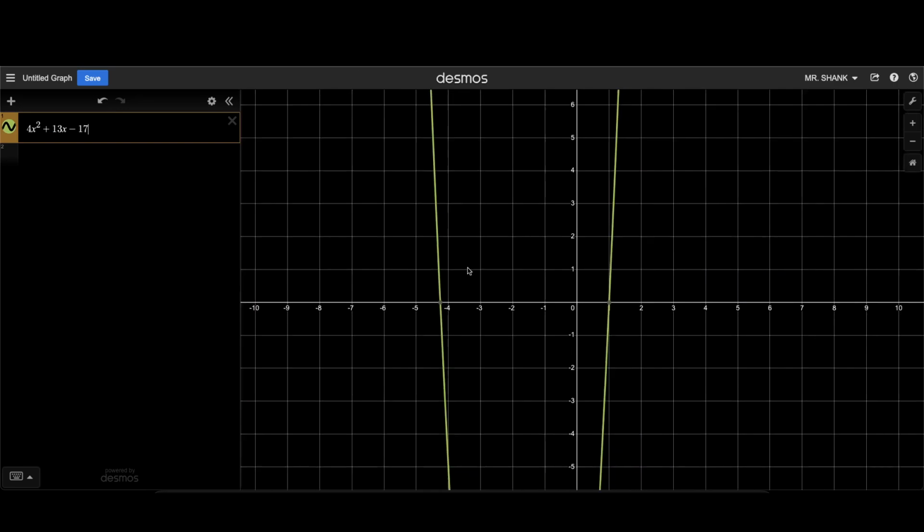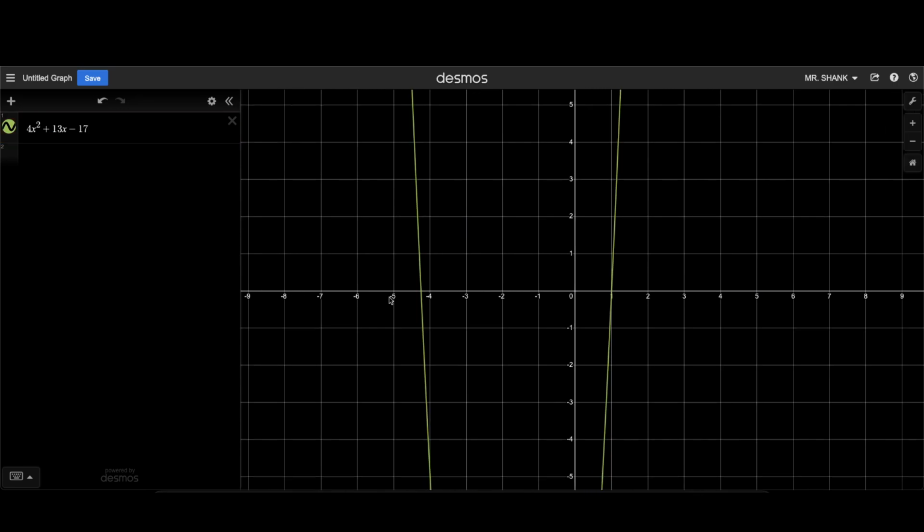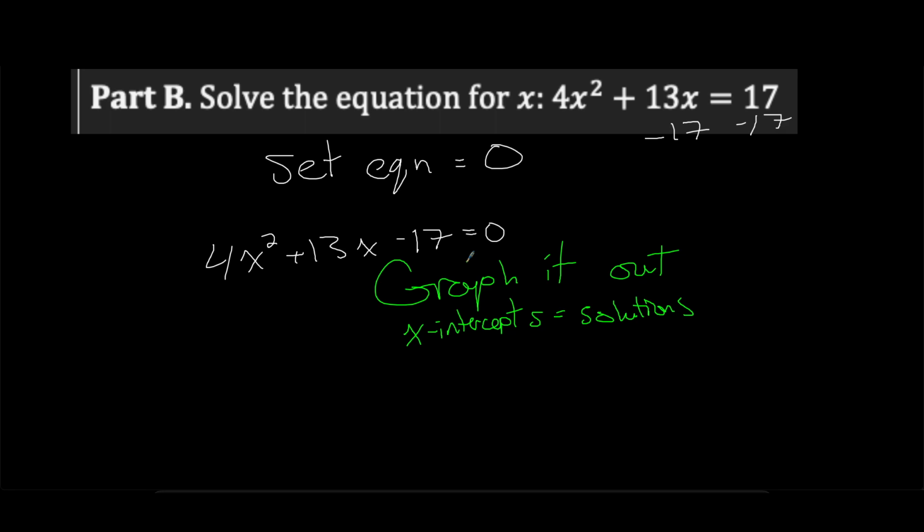Again, notice I have my parabola shape, but more importantly, I have the 2 points where they hit the x-axis. So we're saying, what are the x values at these points? When x equals negative 4.25 and when x equals positive 1 is going to be when our y value is 0. So let's say that.